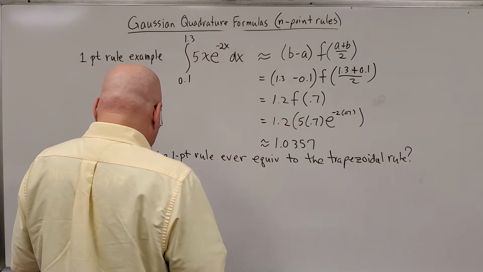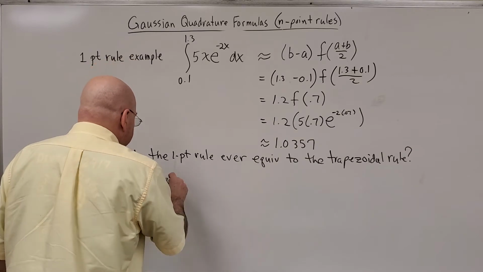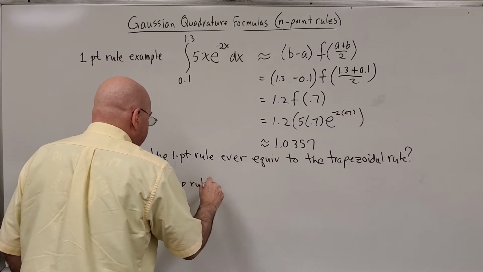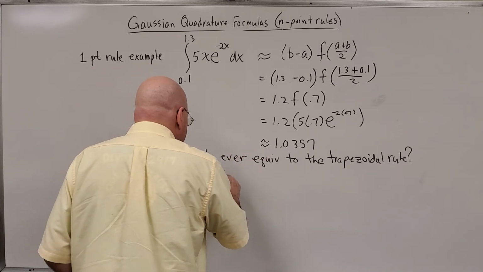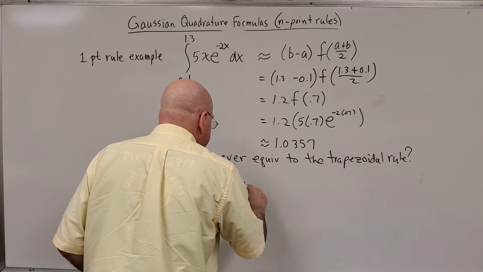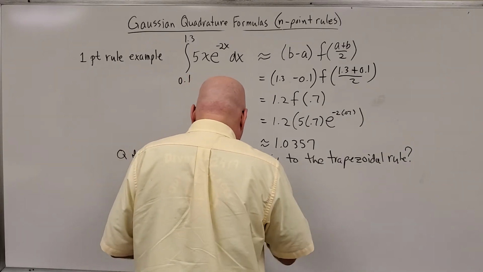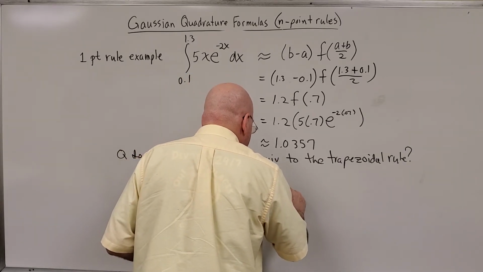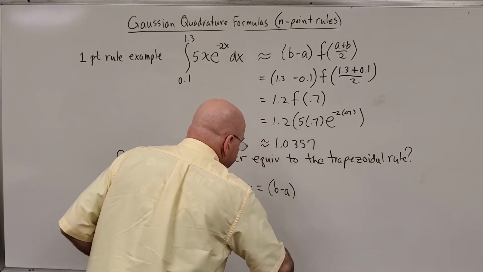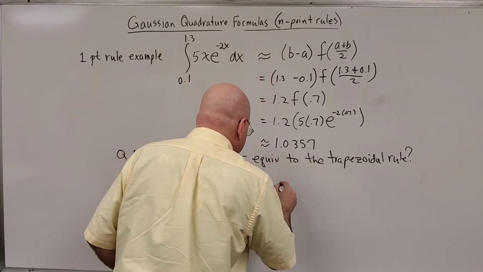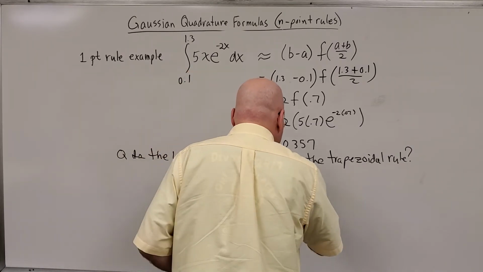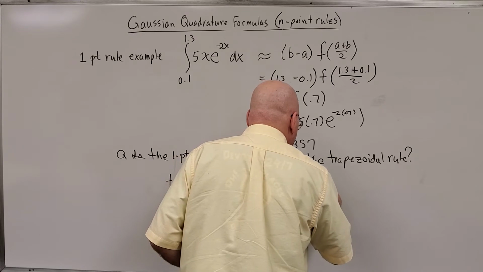result. Remember that the trapezoidal rule, if you're using one trapezoid, the integral from a to b of f of x dx is equal to 1/2, or the width of the interval, times f of a plus f of b.